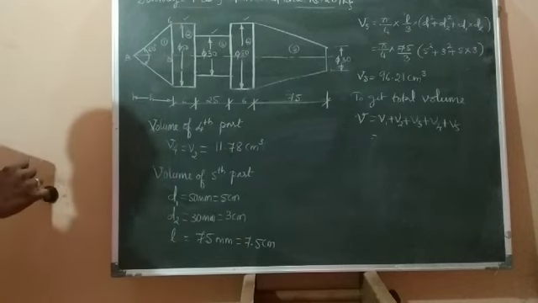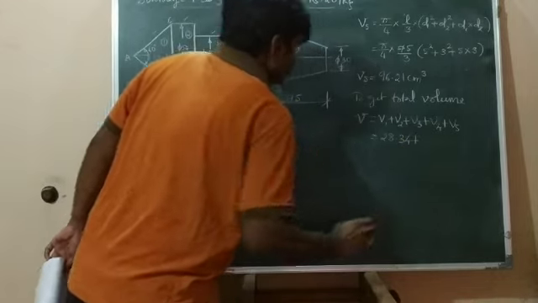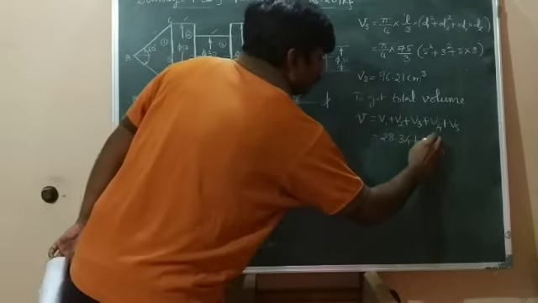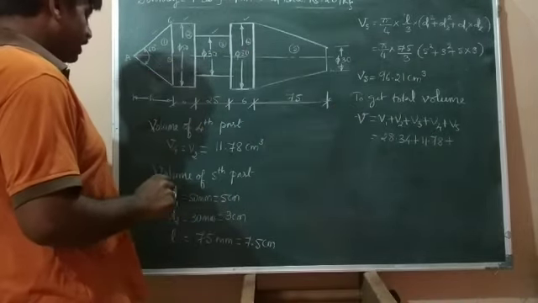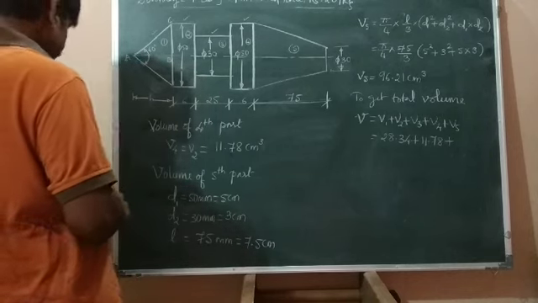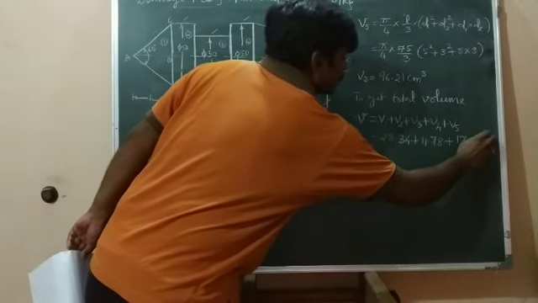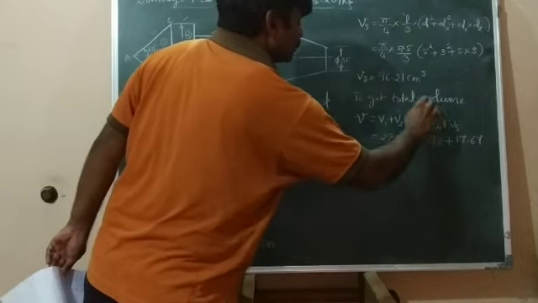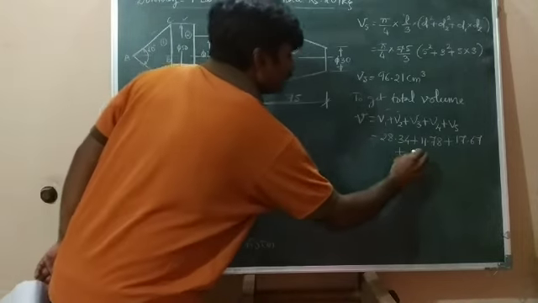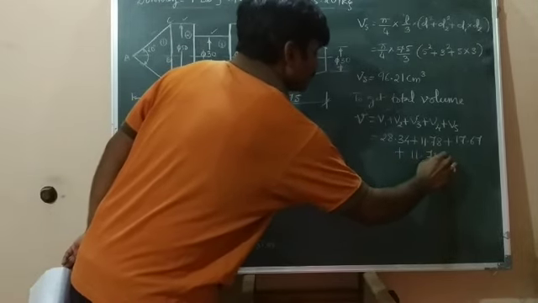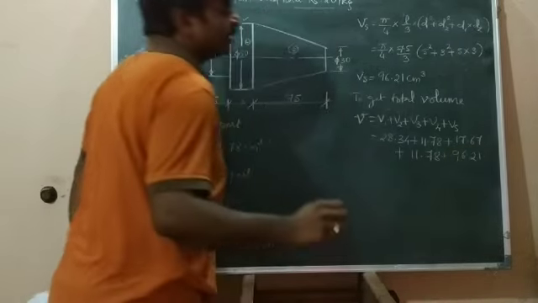Now the value of V1 is 28.34, V2 11.78 plus V3 17.67 plus V4, once again it is 11.78 plus V5 96.21 centimeter cube.